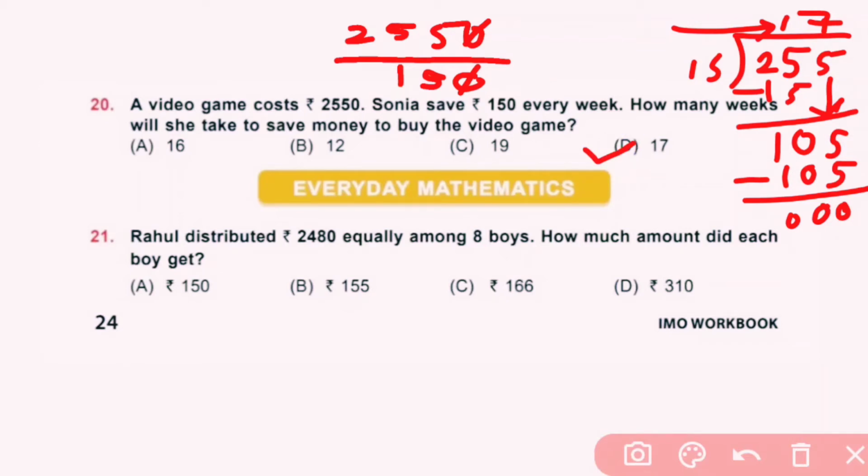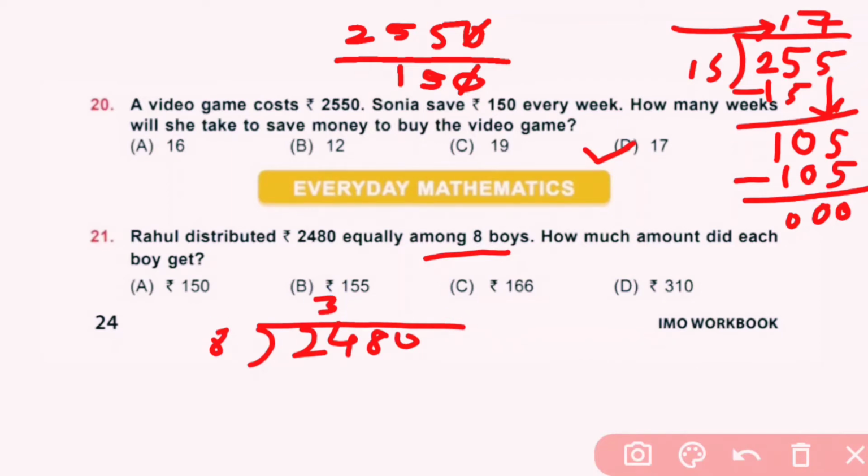Question number 21. Rahul distributed rupees 2480 equally amongst 8 boys. So how much amount did each boy get? To find out the amount distributed equally amongst 8 boys, we need to divide 2480 by 8.